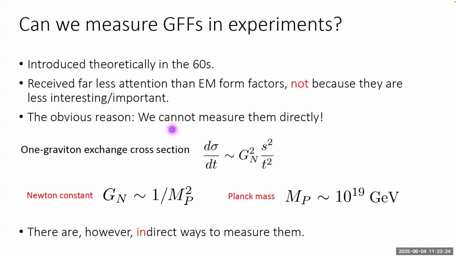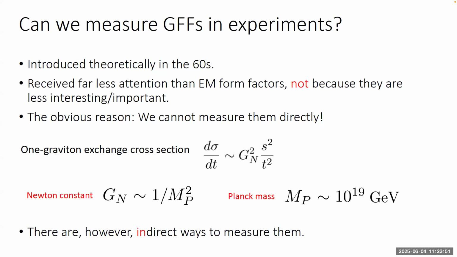So you have G squared here, which means the cross section is proportional to 1 over the Planck mass to the power of 4. And the Planck mass is 10 to the 19 GeV. So you get a suppression factor of 10 to the minus 76. That's a gigantic suppression.